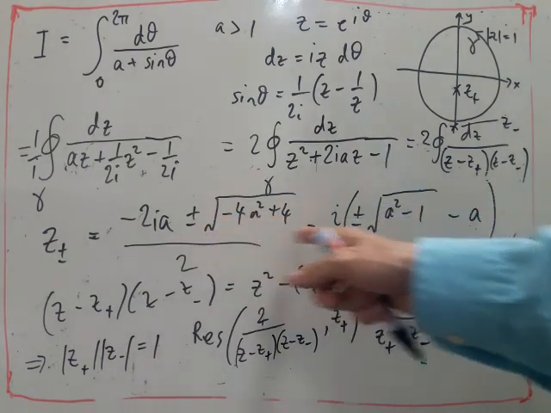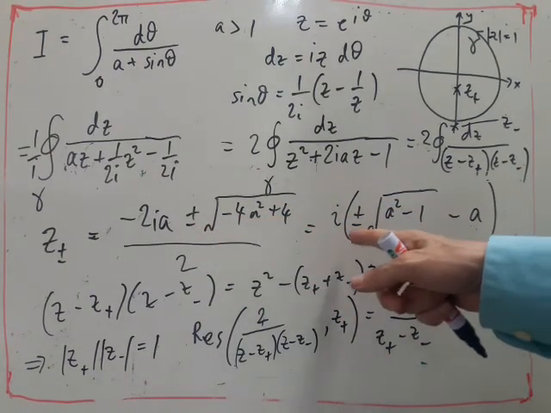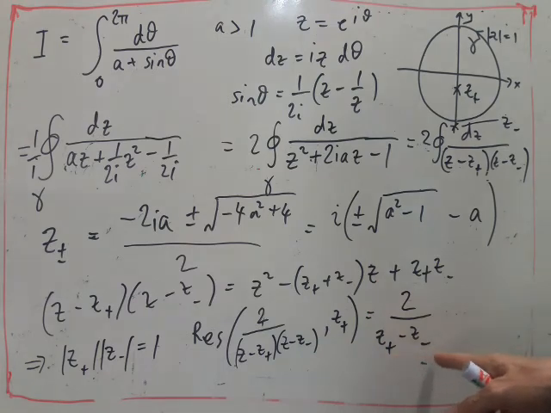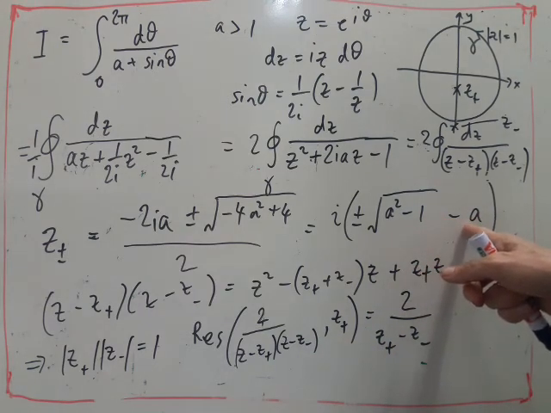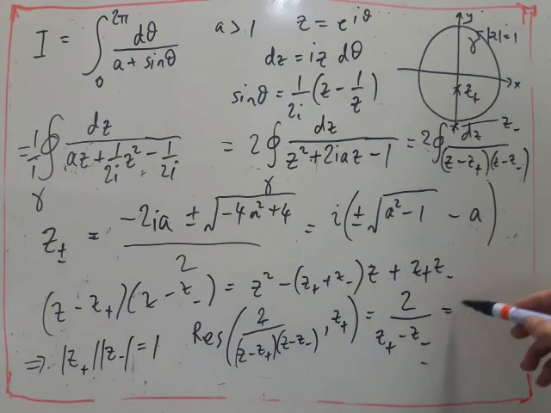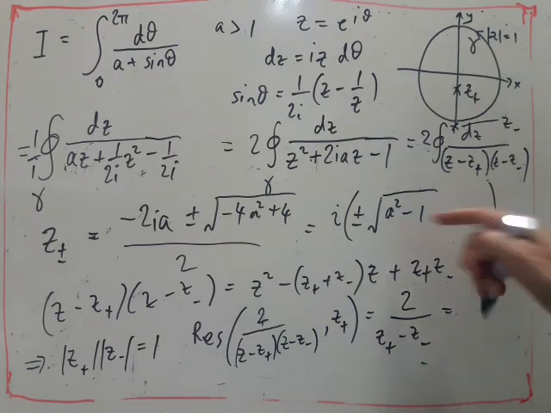And that is equal to, if we get z plus minus z minus, then these cancel, and we end up with 2 lots of these.